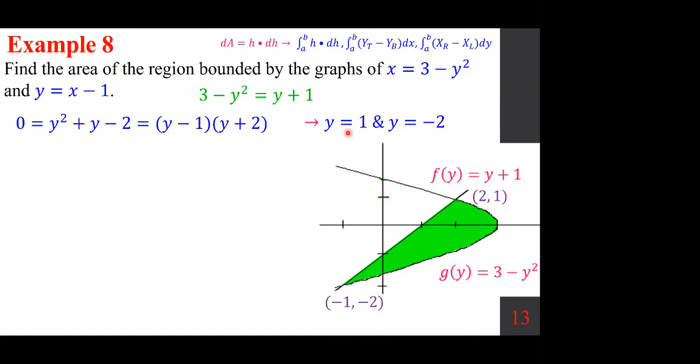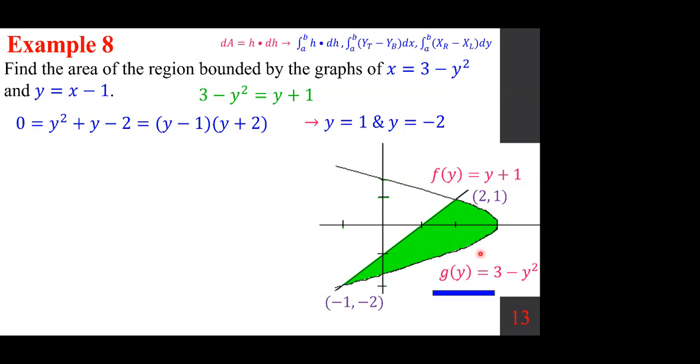Now, I hope you realize this function is at the top of this function from here to here. But if you want to go with the vertical strip over here, then you have to go with the horizontal strip, because if you look at this part, the top and the bottom functions are both the same.